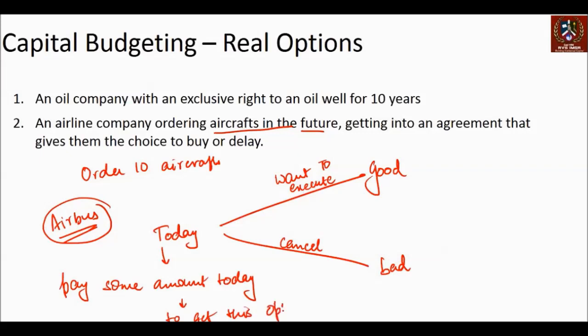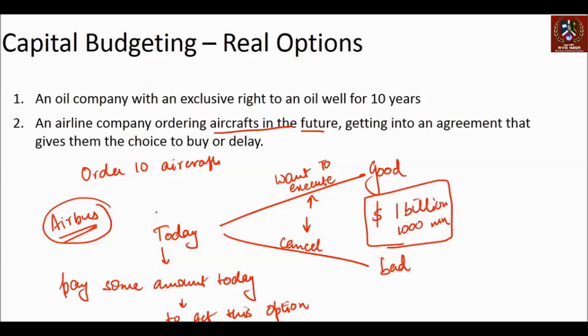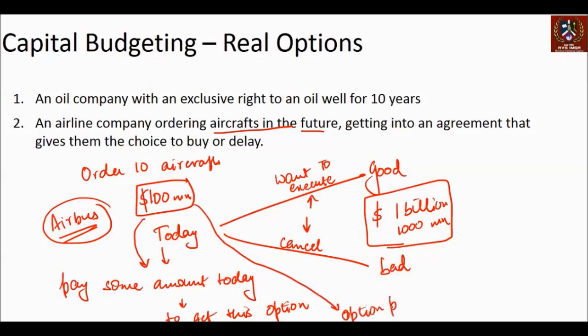To get this option that they can choose to either cancel or execute the order. The order might be worth $1 billion, or 1,000 million. But the company might today pay something like $100 million to Airbus in order to get this option. So this $100 million is nothing but the option premium that has been paid.